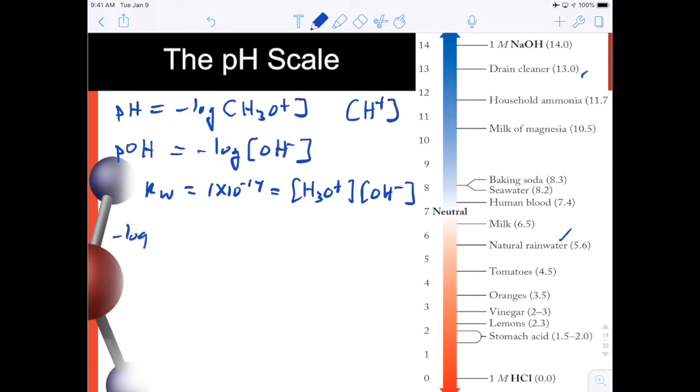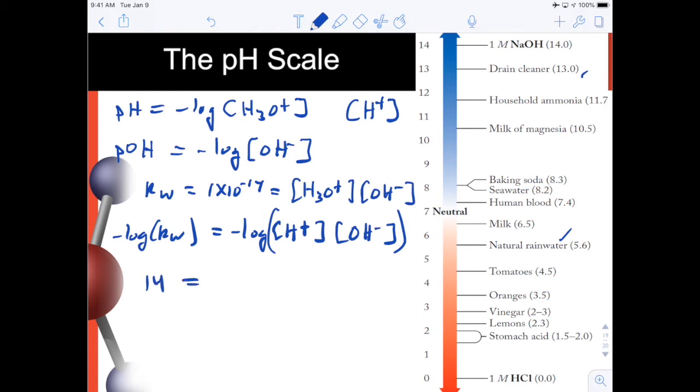I'm going to wind up with the negative log of Kw is equal to the negative log of, and I'm going to write this in shorthand now because I'm running out of space, H positive instead of H3O positive, times OH minus. And that negative log applies to the whole thing, obviously. Well, the negative log of Kw, the negative log of 10 to the minus 14, is just 14.